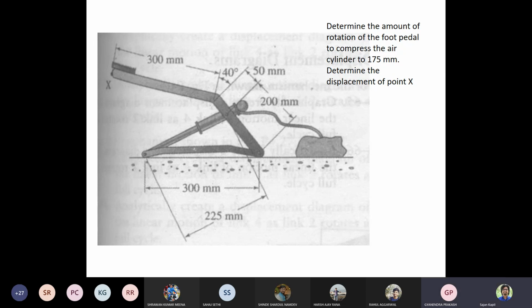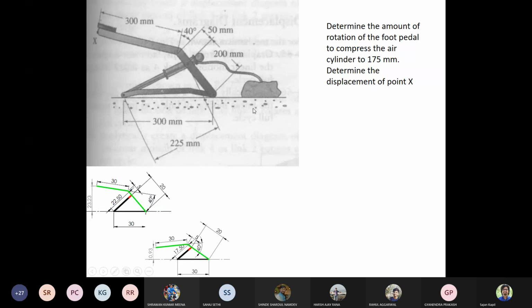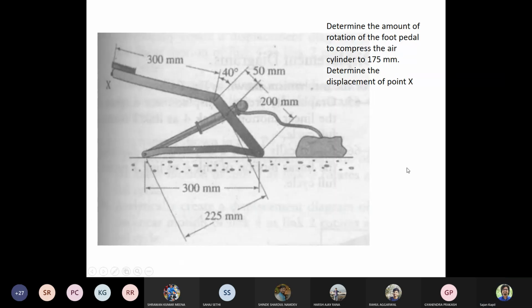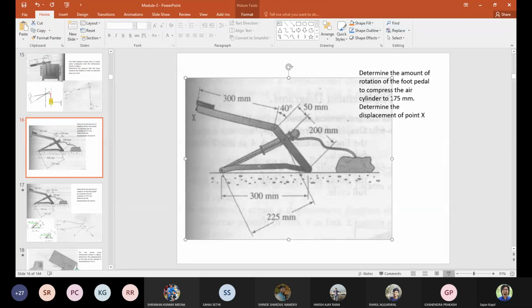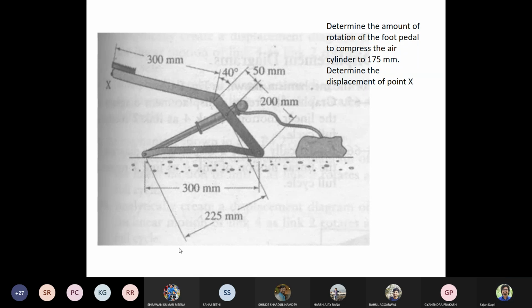You try. I'll also quickly draw it in SolidWorks so that we do not waste much time, and I'll be able to quickly show you the animation and we can check the answer.